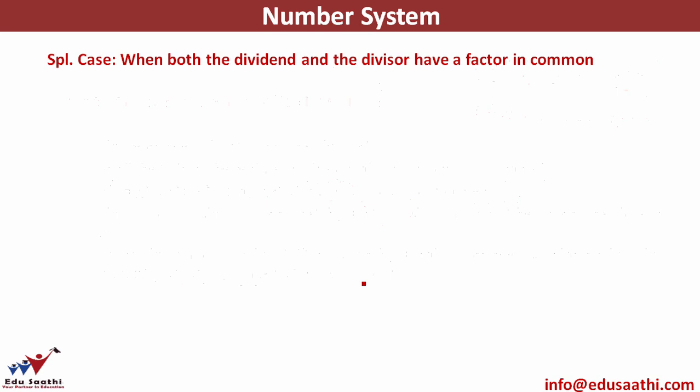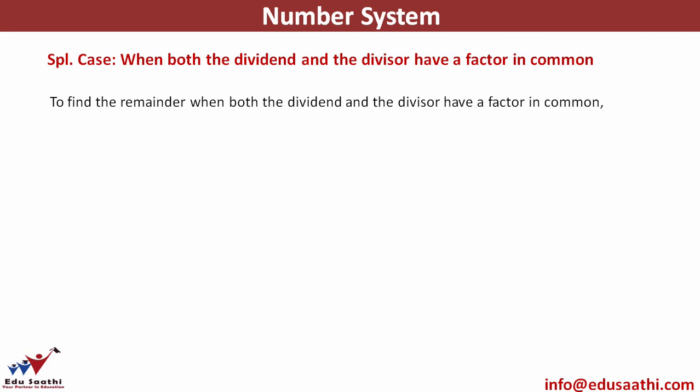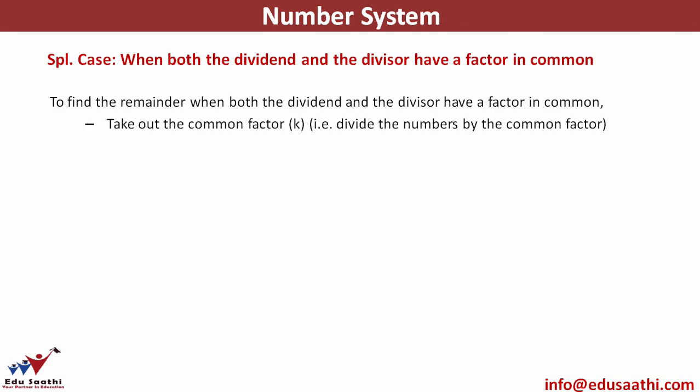Let's look at some of the special cases that we need to consider while we are doing questions on remainders. The first one being when both dividend and the divisor have a factor in common. To find out the remainder in such a situation, I will take out the common factor k. That means divide the numbers with the common factor, but I will not cancel the common factor.